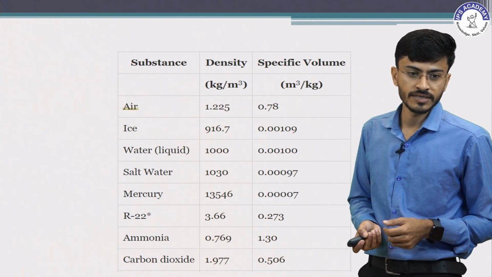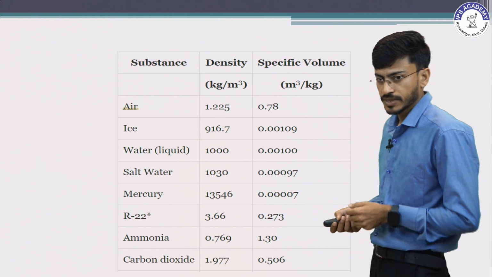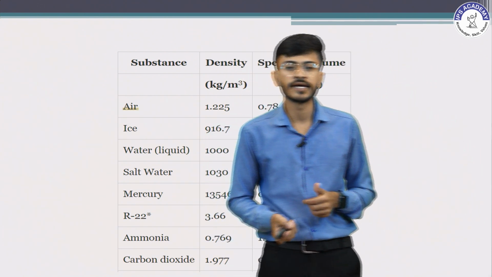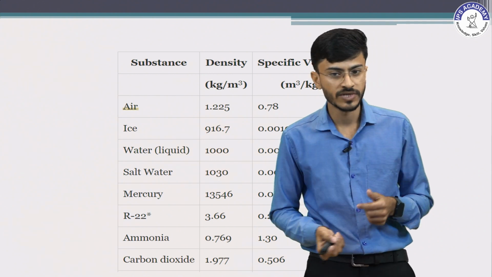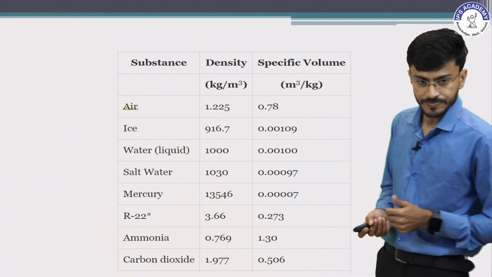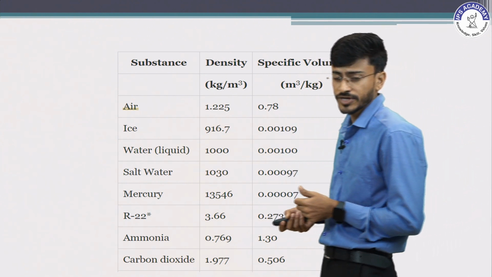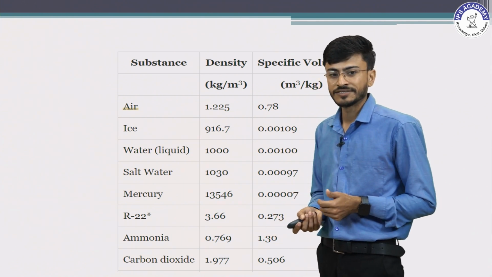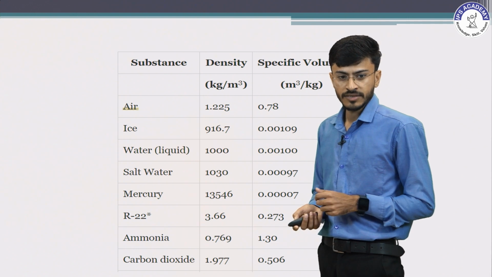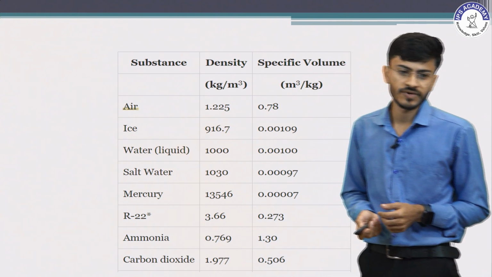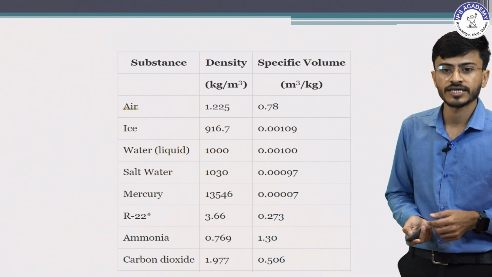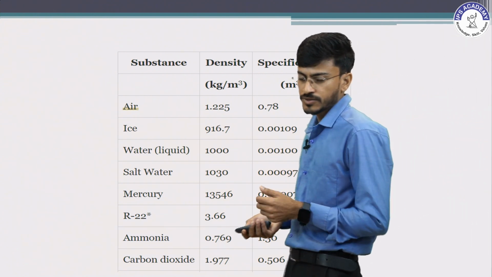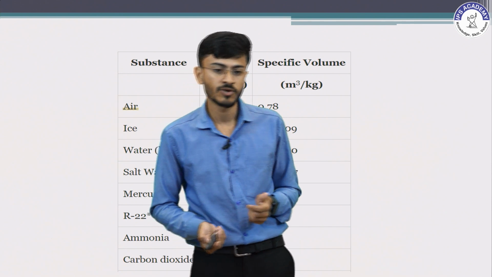For water or liquid, 1 kg of liquid can be contained in 0.00100 meter cube, whereas salt water can be contained in 0.0097 meter cube. And there are more examples of R22, ammonia and carbon dioxide, showing how much volume is required to contain 1 kg of mass.